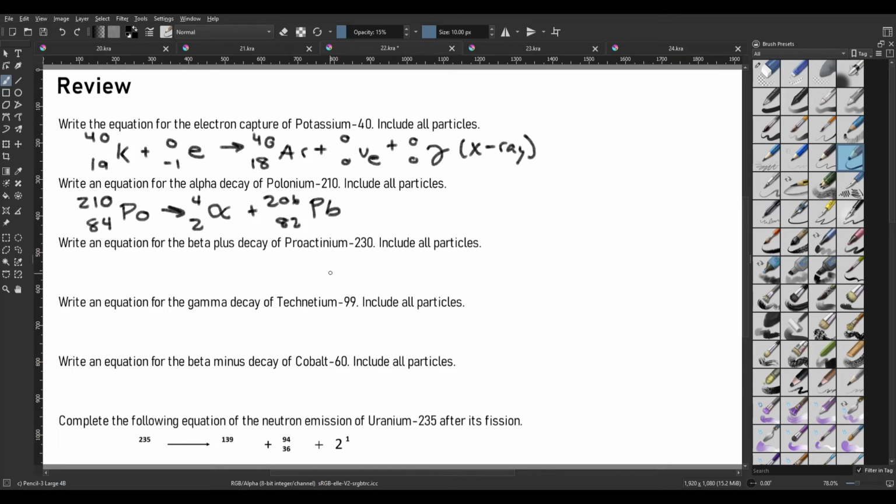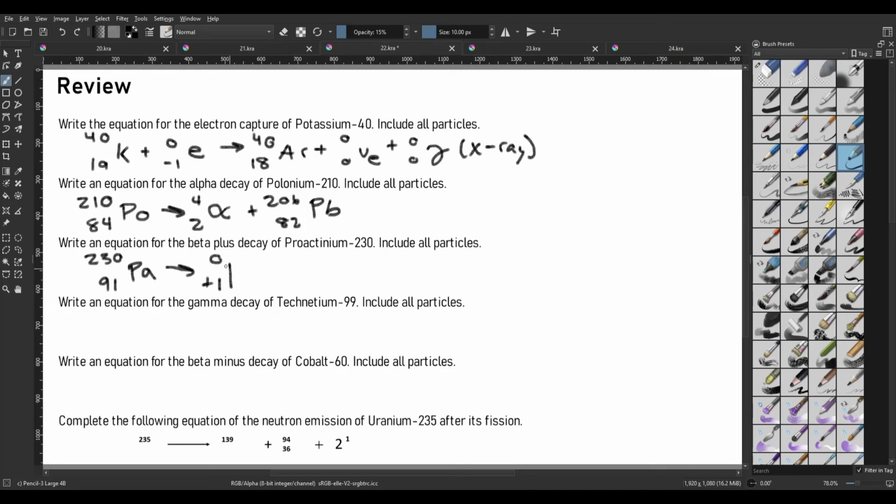Write an equation for the beta plus decay of protactinium 230. Include all particles. So protactinium, if we look on the periodic table, that's Pa, element 91. So 230, 91, 91, not 90. The beta plus decay means it's a positron emission. So we're going to go 0, positive 1.